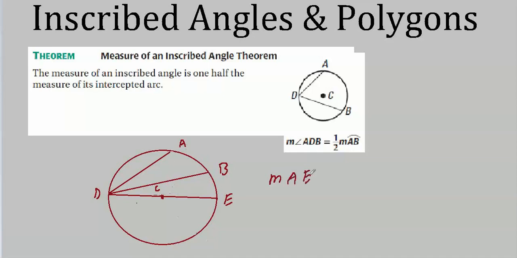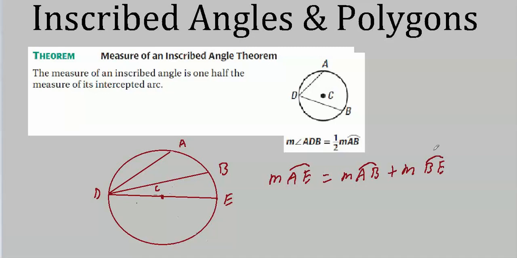So we have the measure of arc AE. That's really a hard thing to say fast 10 times, isn't it? It is the measure of arc AB plus the measure of arc BE.